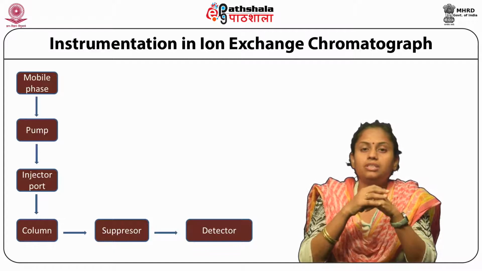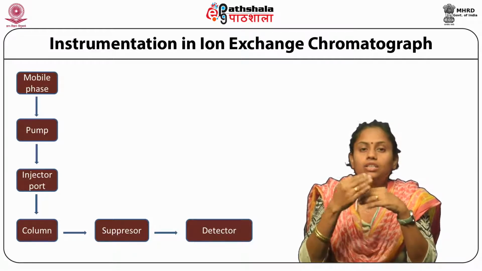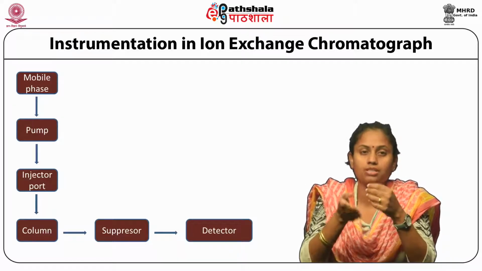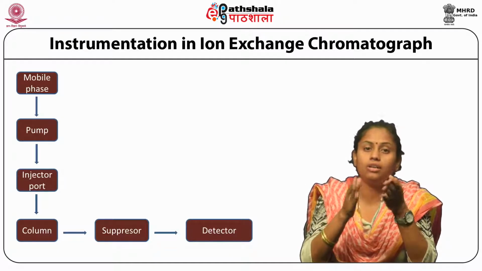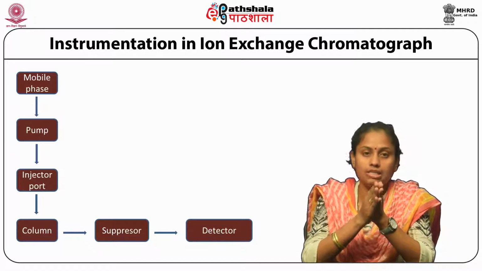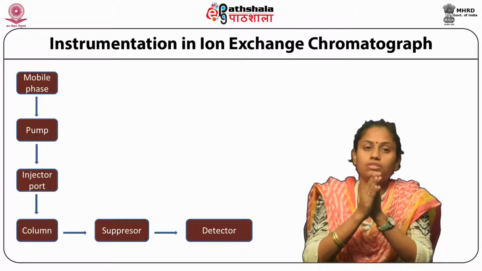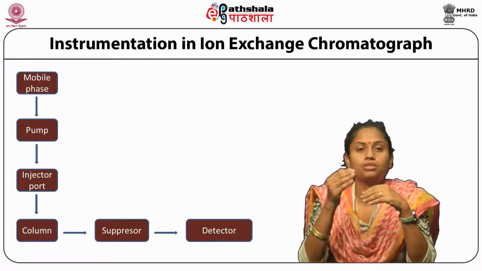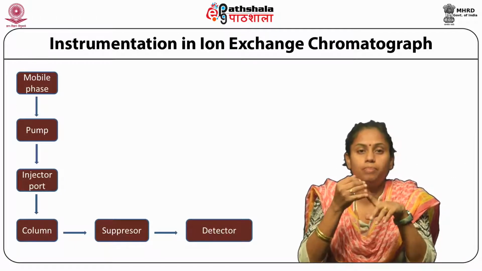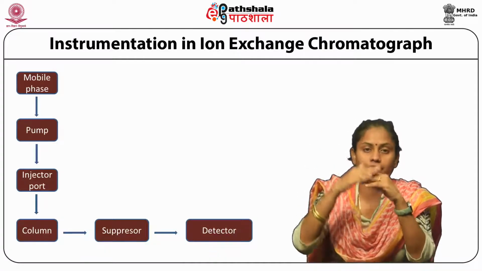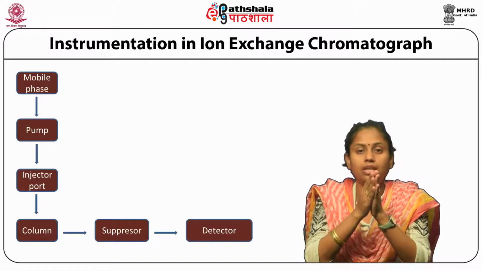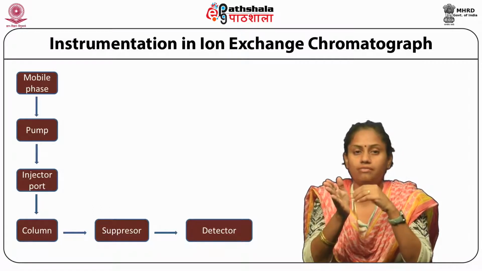Now, let me tell you how the ion exchange chromatograph is operated. The mobile phase, which comprises a buffer or a solvent system, is introduced into this chromatographic system by the high pressure pump. The pump pushes the mobile phase into the next component by the exit non-return valve.